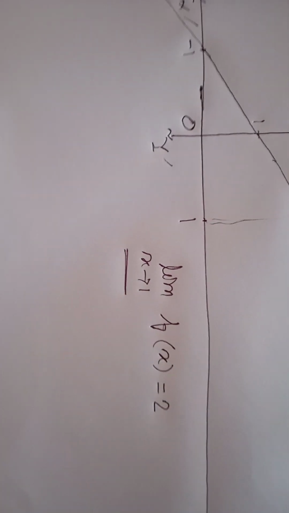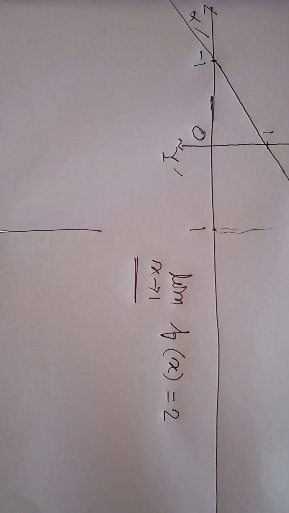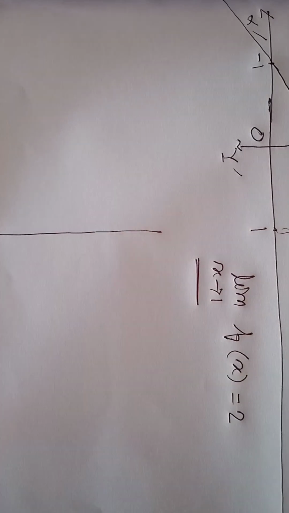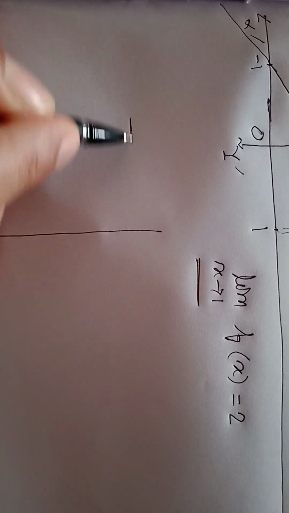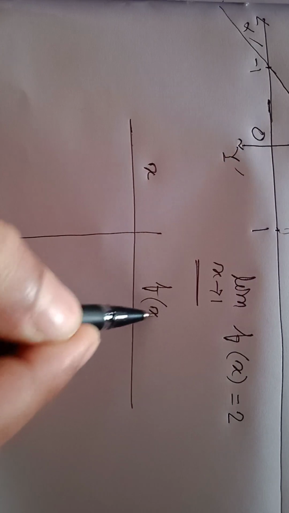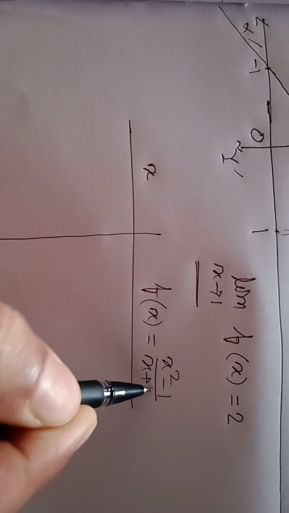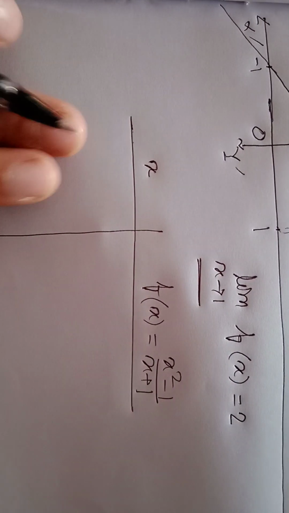If we use this function algebraically, what should we get? See this table: x and f(x) equals (x squared minus 1) by (x minus 1), that is, x plus 1.